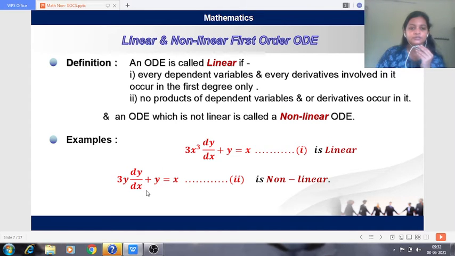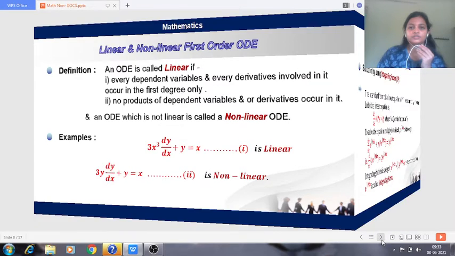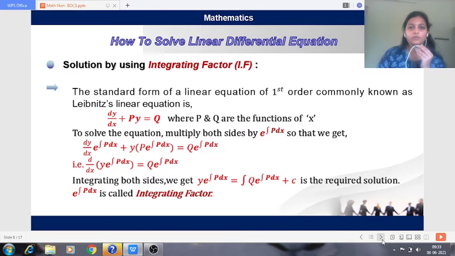In this equation, we can easily show that this is a non-linear equation, because here in this equation, the product of the dependent variable and its derivatives y and dy dx, y into dy dx is present. So this equation is non-linear equation. Understand?